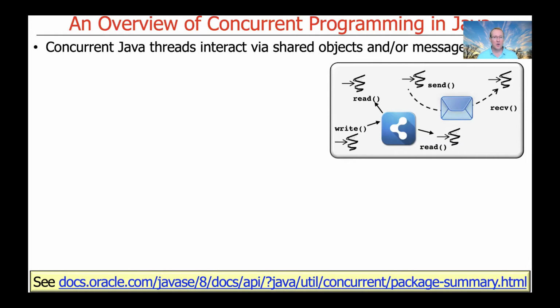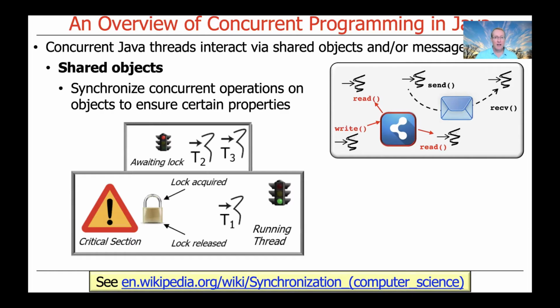This leads to the two primary paradigms of concurrent programming, or object-oriented concurrent programming, that are supported in Java. The first approach is the shared object approach. It basically has synchronizer objects, which are just good old Java objects, perhaps with a little native code thrown in to make them run faster.